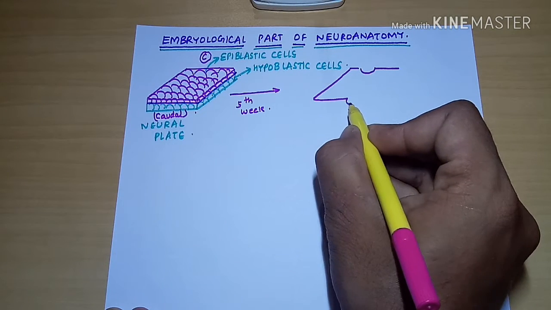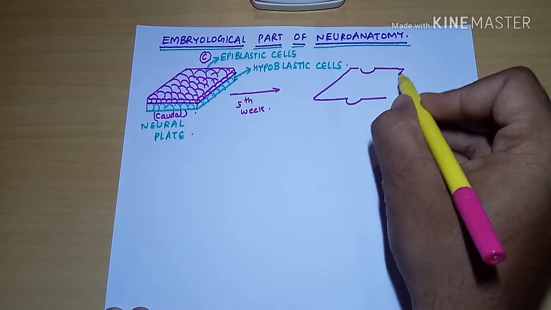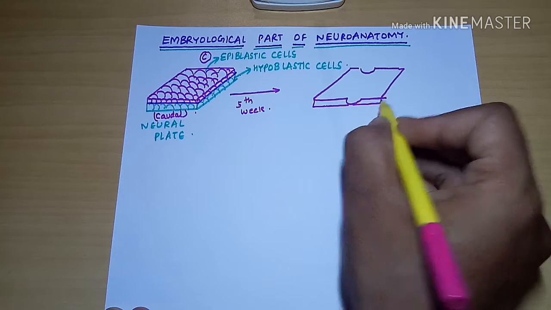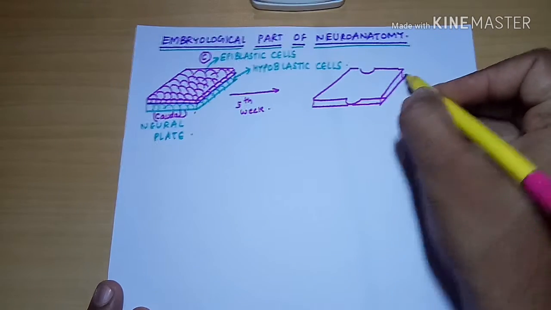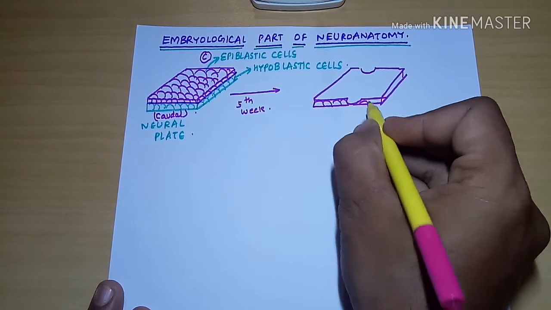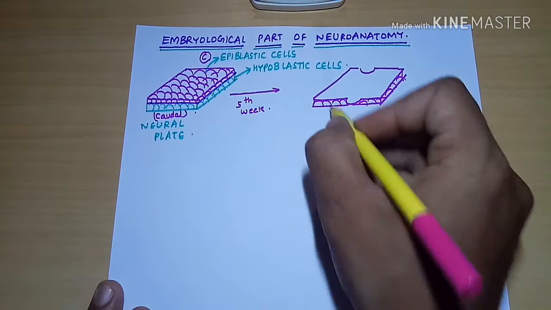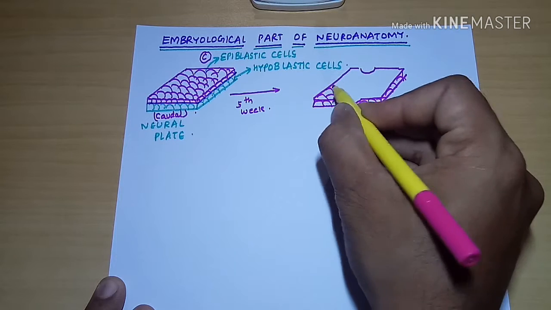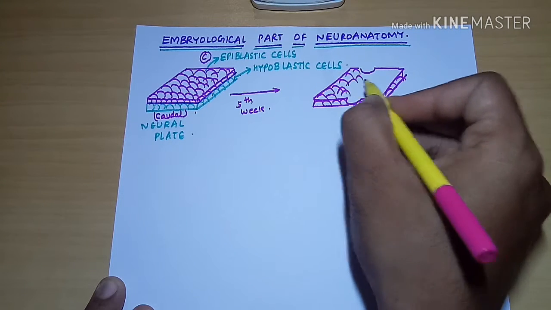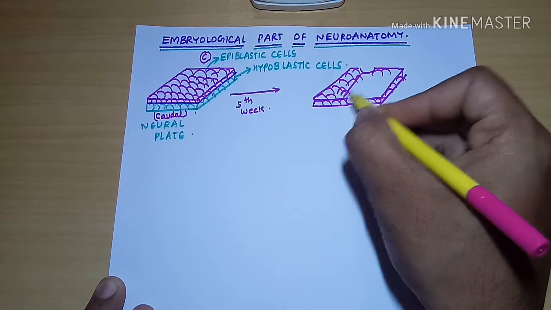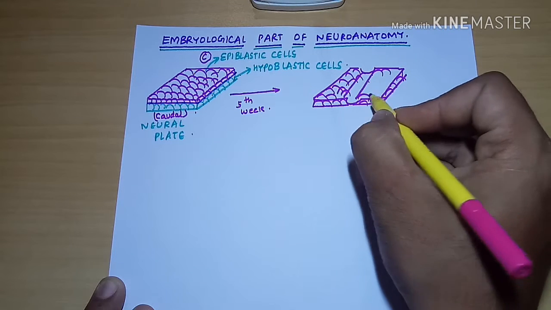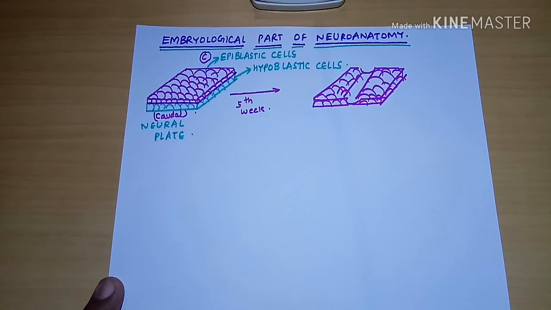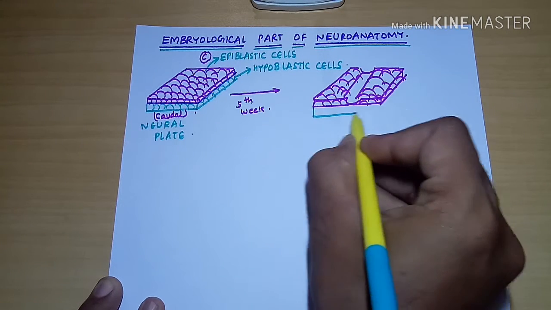The folding starts in the epiblastic layer, from the caudal towards the cranial end. Below this, the hypoblastic cells are present.